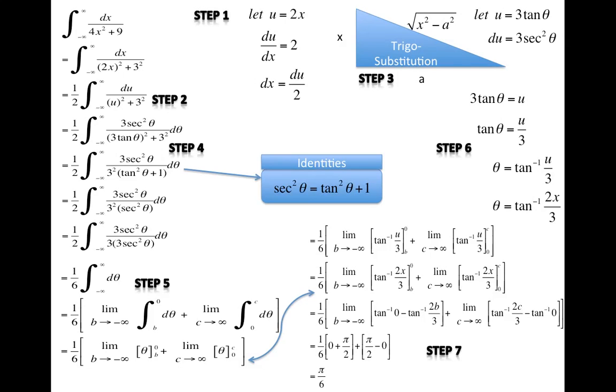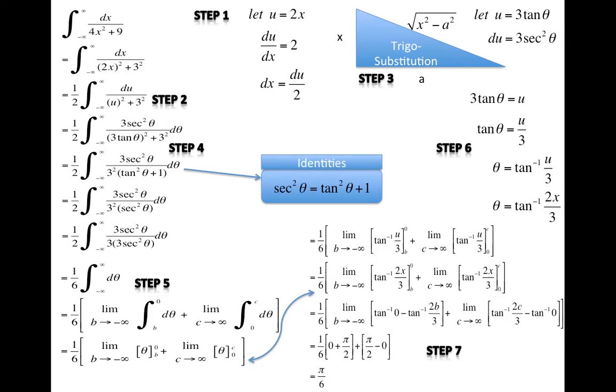And as we factorize one of the 3s out, we actually get 1 over 6, and the 3 sec squared theta will cancel by itself, and we get the integration from negative infinity to infinity of d theta, as shown in step 5. Firstly we must break this into two parts: the limit as b goes to negative infinity of the integration from b to 0 of d theta, plus the limit as c goes to infinity of the integration from 0 to c of d theta.